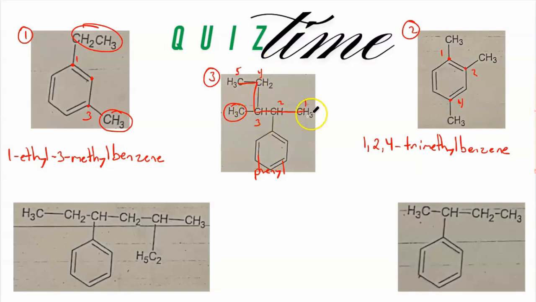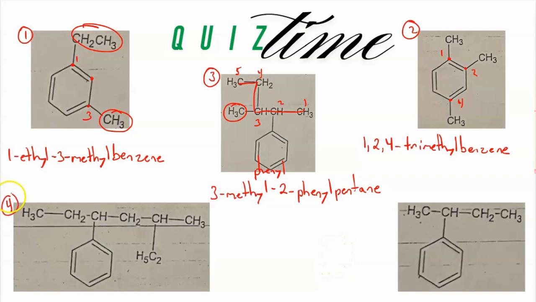But counting from this direction, the phenyl group's on the 2nd instead of the 4th if we counted from the other direction. So we're going to count in this direction. But we're still going to say methyl first because M comes before P alphabetically. So we have 3 methyl, 2 phenyl, and then this is a pentane carbon chain. No double bond, so just pentane.